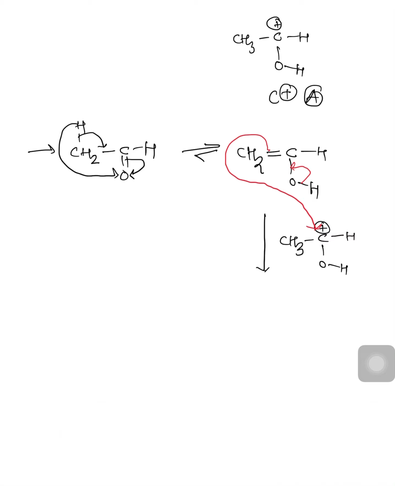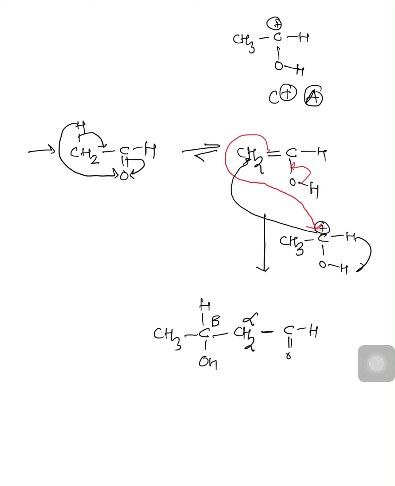So I am writing this structure CH3 CH OH, this H and OH. Now this carbon is attaching with CH2. So I am here writing CH2, double bond becomes single bond, C double bond OH. So here is the alpha, this is the beta. On the beta carbon there is a presence of a hydroxyl group. So this is a beta hydroxyaldehyde, or we can say in general a beta hydroxycarbonyl compound.